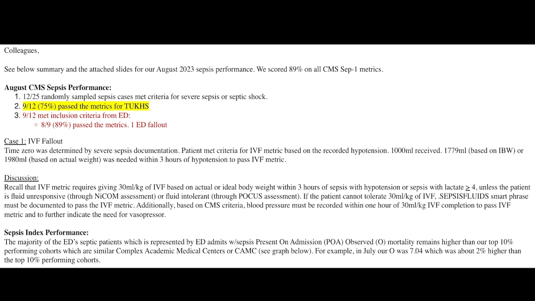It's non-punitive, more of a constructive kind of feedback. Again, the point is to make sure that we can avoid the particular fallout moving forward. And then within this email, we also talk about sepsis index performance. We believe that it's important for all the providers to be aware of the overall index performance. And this particularly includes a mortality index for sepsis and also the cost index. Next slide.